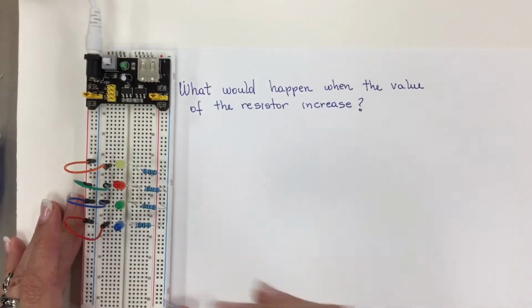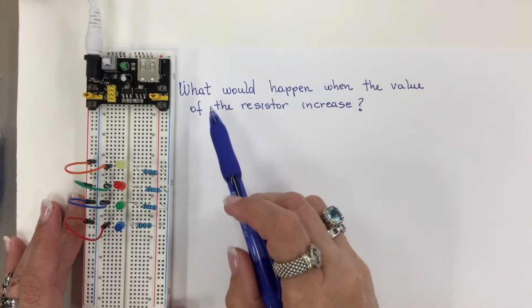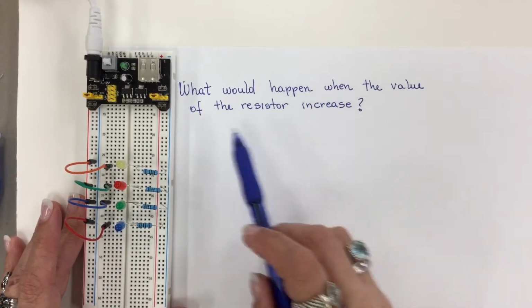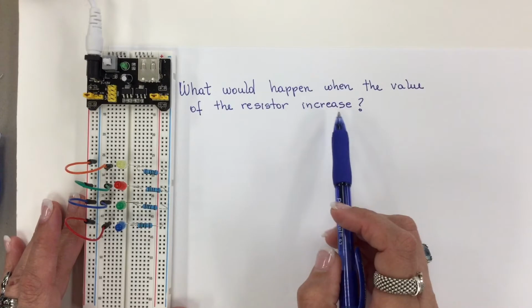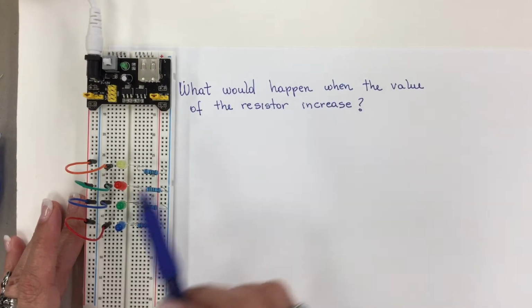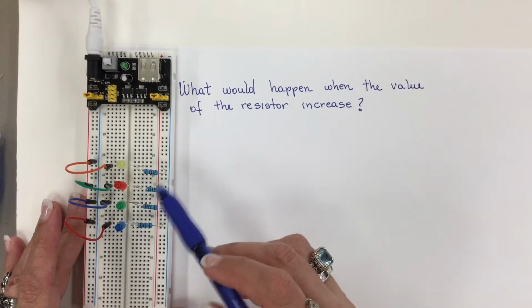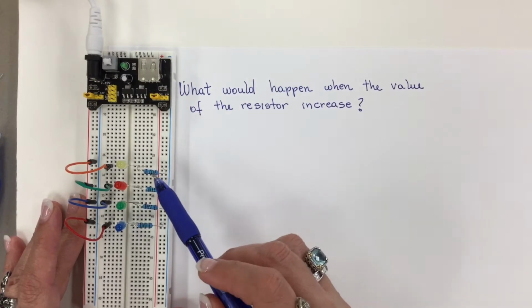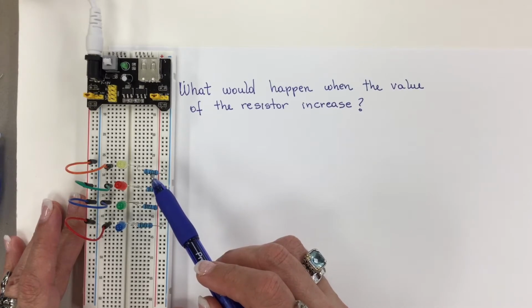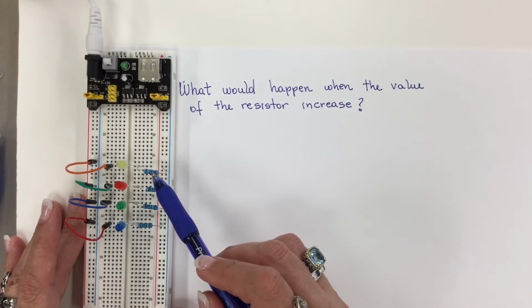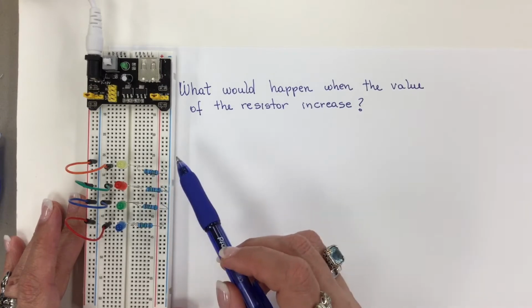So let me step up with a question. What would happen when the value of the resistor increases? I have calculated the value of this resistor here, which is 150 ohms. So what happens if I change this resistor to a higher value?